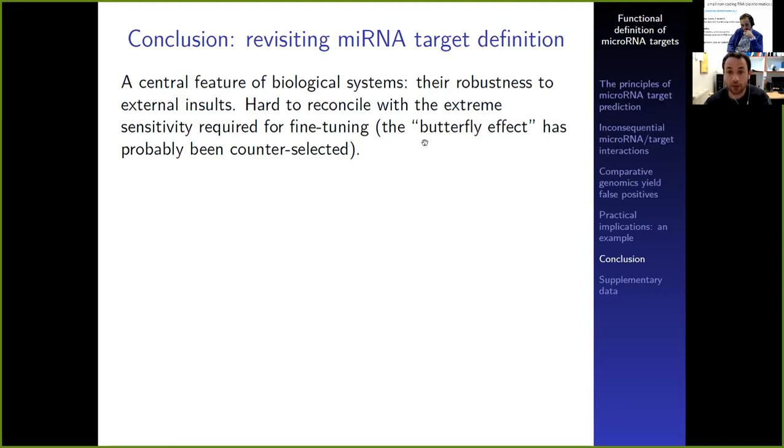In other words, it looks like the butterfly effect, where a small effect on gene expression will have tremendous effects on the macroscopic phenotype. This has probably been counter-selected by evolution. The implication is that most of these events that we observe in microscopic biology are probably not relevant in macroscopic biology.